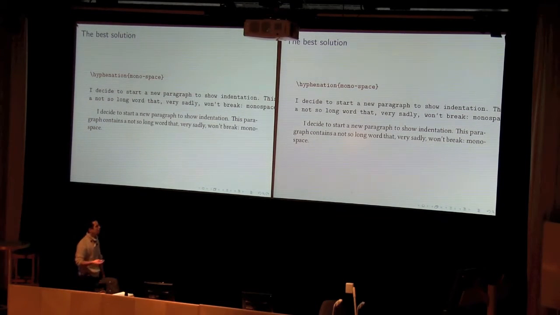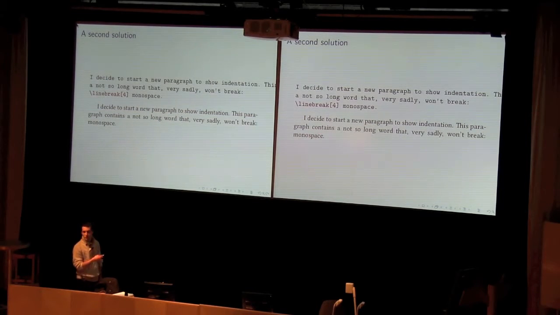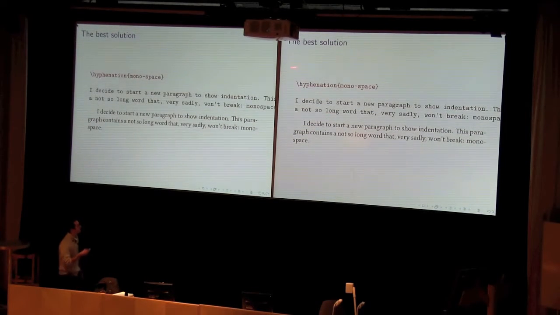So we have a better way. In fact, monospace could be broken between mono and space. LaTeX just didn't know. So we just have to tell him, okay, now this is how you will hyphenate monospace. We have a command which is called hyphenation, which accepts a list of words separated by spaces.